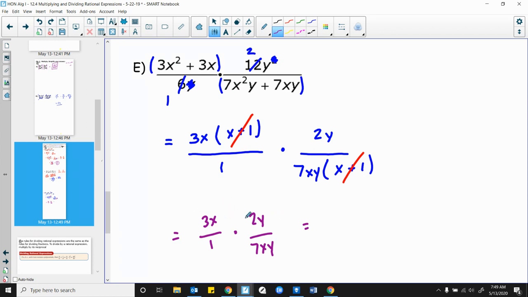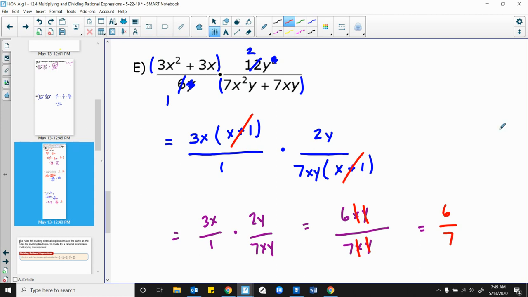Okay? 3 and a 2 is going to be 6xy over 7, 1 times 7, and then just xy, because that's what I have left. This now, I'm not done though. This x and that x cancel, and that y cancels, and my answer is just 6 over 7.